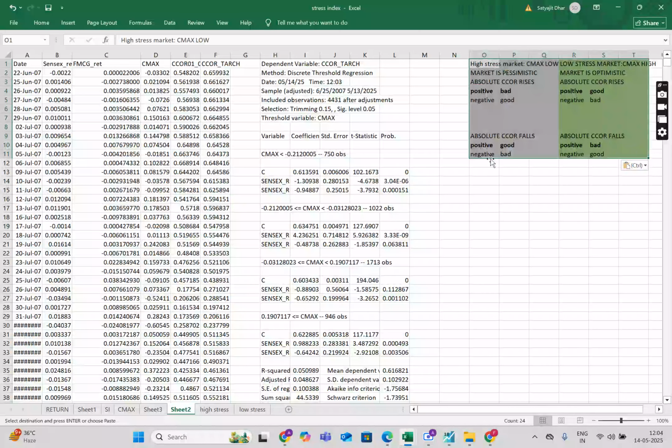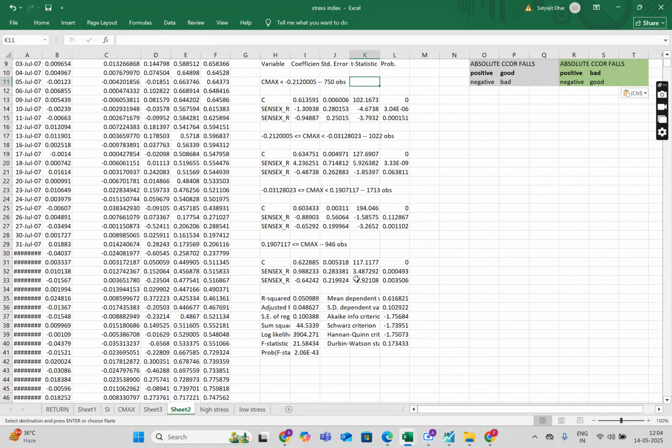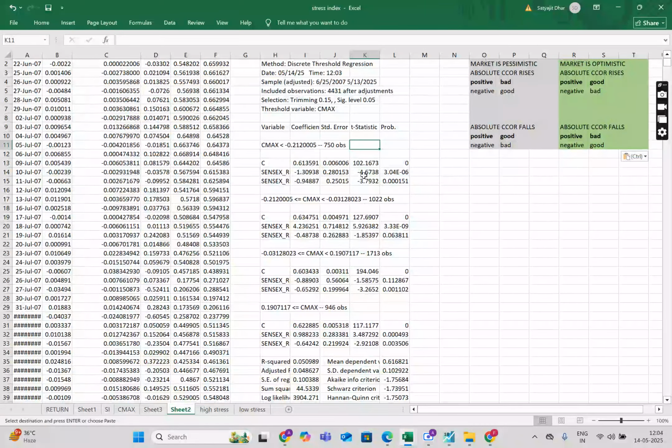Okay. Now let us make our analysis. So Cmax is less than a particular value. So here we have actually multiple thresholds on the basis of Cmax. Let us not consider the moderate ones. Let us just consider the high stress and the low stress. So this is high stress and this is low stress.